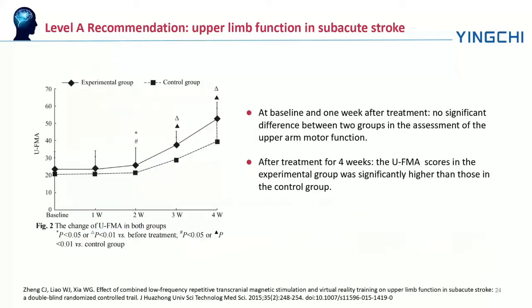And as you can see, at baseline and 1 week after the treatment, there is no significant difference between the two groups. But after treatment for 4 weeks, the UFMA, which measures upper limb function, scores in the experimental group, which uses real rTMS plus VR training, were significantly higher than those in the control group.